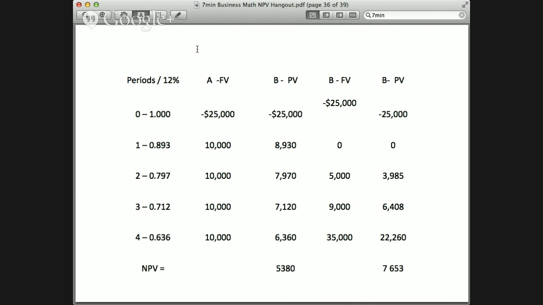So looking at the future value of 10,000, bringing it back to present value for machine A, you can see that the total in the end is 5,380 if we invest in machine A. If we invest in machine B, however, you'll notice that when the same calculations are done with the different amounts of future value and present value, the net present value ultimately is 7,653.